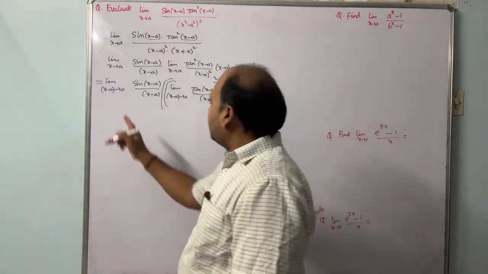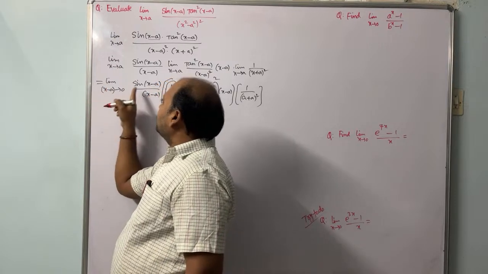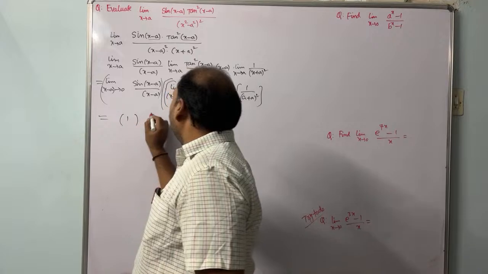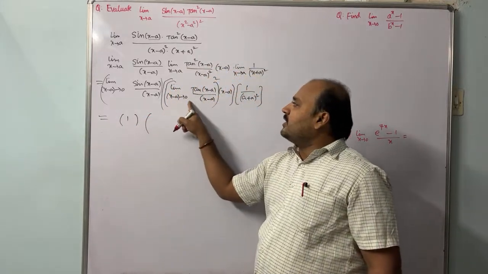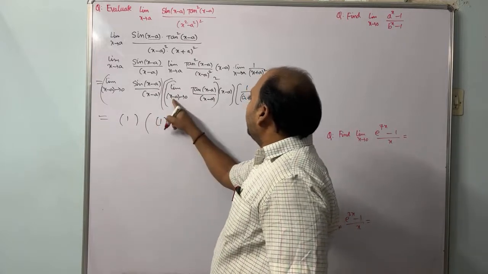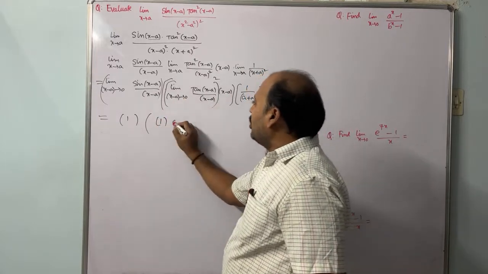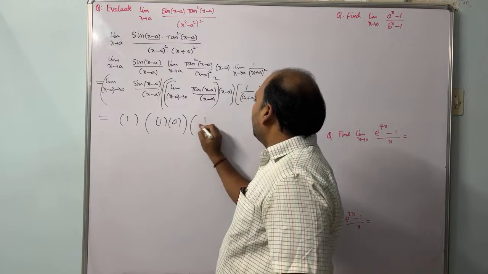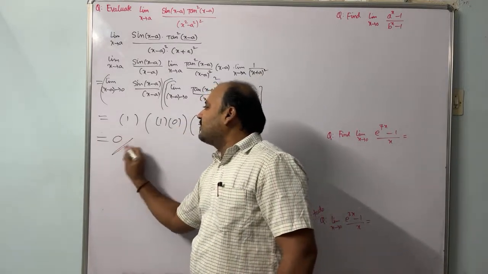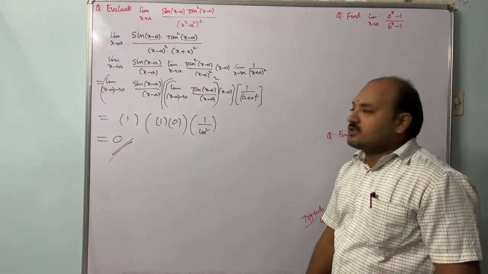If you see the limit x tends to 0, sin x by x, the first limit value goes to be 1. The limit of tan x by x whole square, that value is 1. The x minus a tends to 0 value goes to be 0 only, into 1 by 4a square. So 0 into anything is 0.